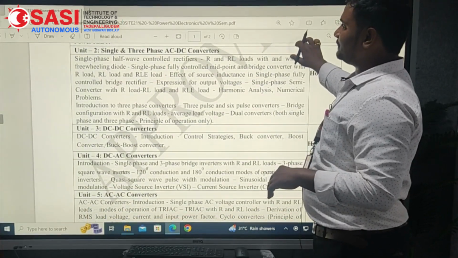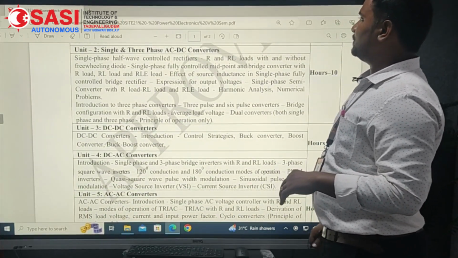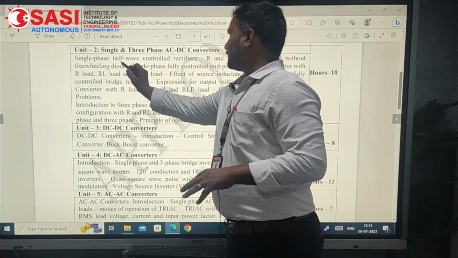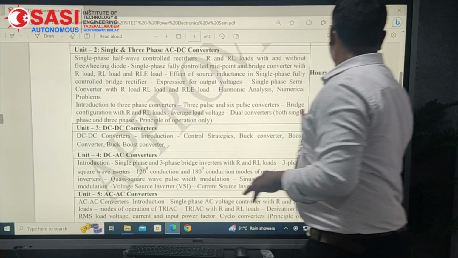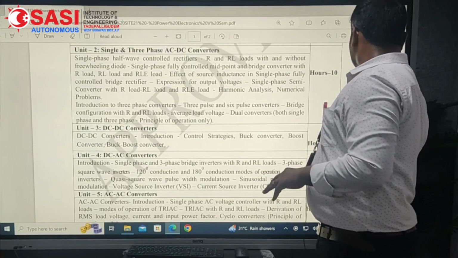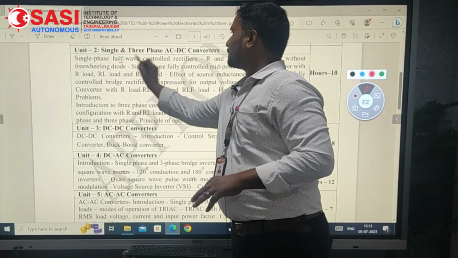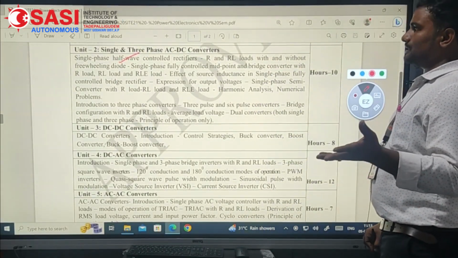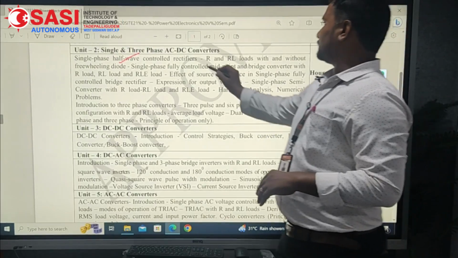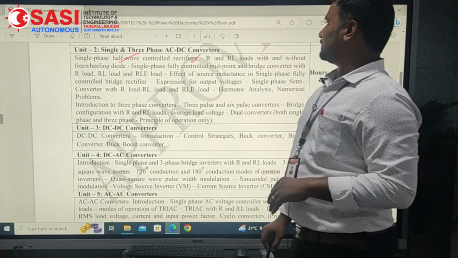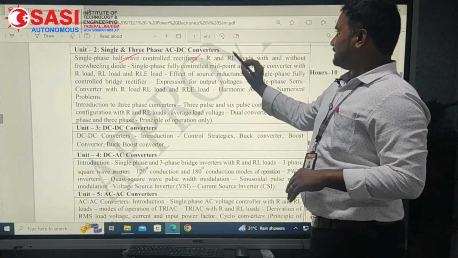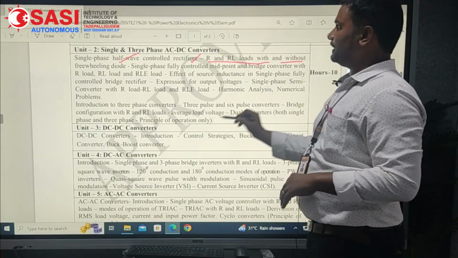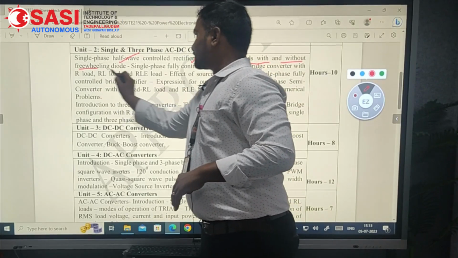It deals with the single and three phase AC to DC converters. First we will go with the single phase half controlled converter, and before going to this single phase half wave controlled converter, we will study the uncontrolled converter initially, then move on to the controlled rectifiers, that is AC to AC to DC conversion. We will analyze R and RL loads with and without freewheeling diode configurations.